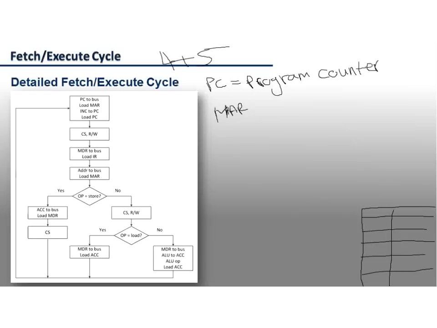Now, what do we have on the left hand side of this memory? I'm going to open the chat for you, and you tell me. Address. Yes, thank you. What do we have on the right hand side of the memory?